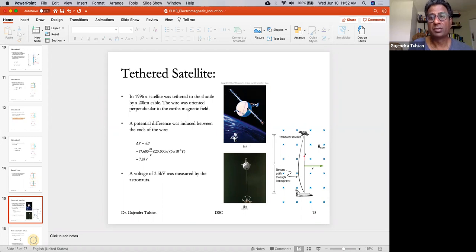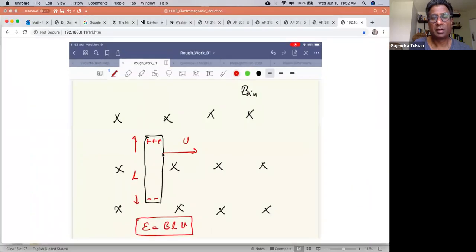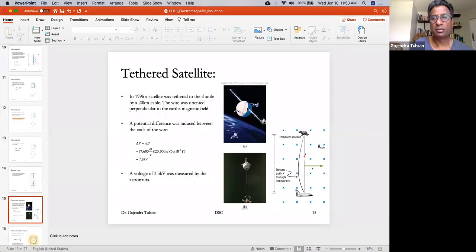Again, the velocity of this rod, or metal conductor, has to be perpendicular to the magnetic field. The component that matters in this equation is the component perpendicular to the magnetic field. So let's write that, to make sure: the component perpendicular to the magnetic field. So they did this using the space shuttle.